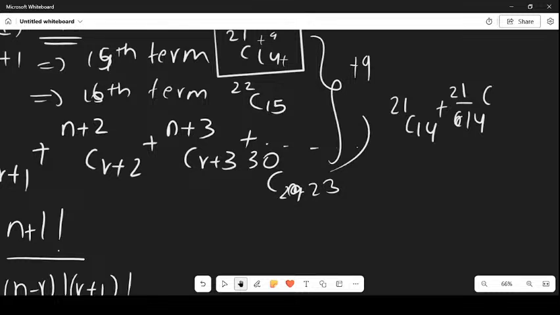X to the power 22 belongs to the m plus 1, r minus 1 term. Okay, it belongs to this term. So I need to manipulate. Here, for the first scenario, we have n as 21.